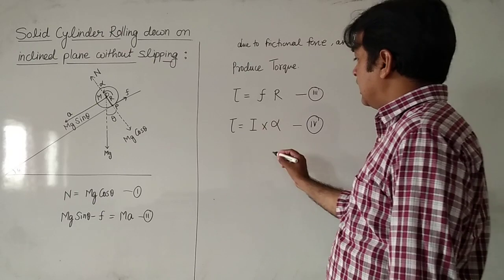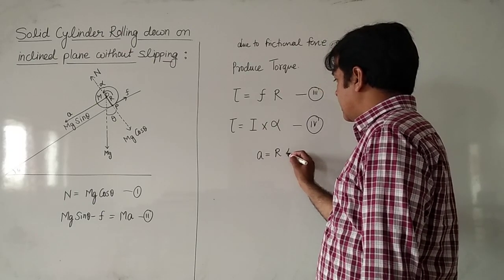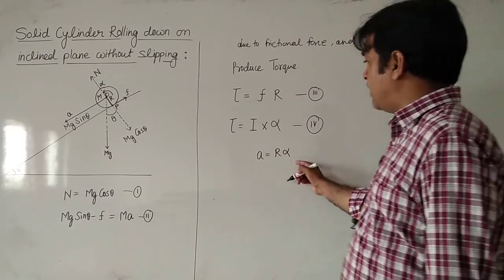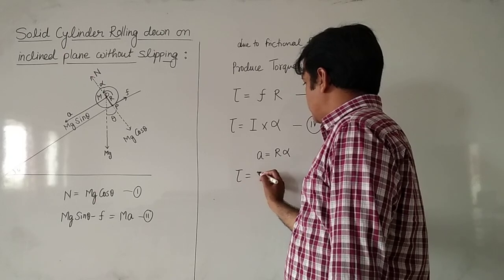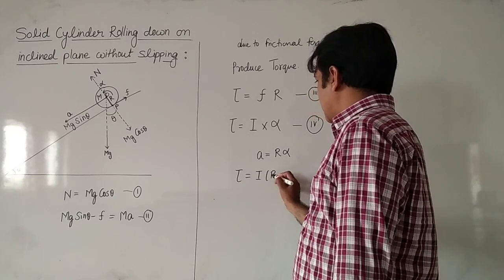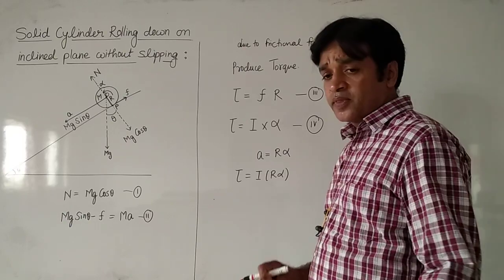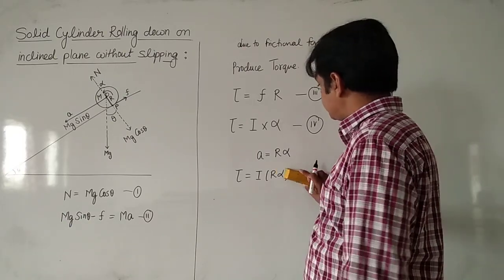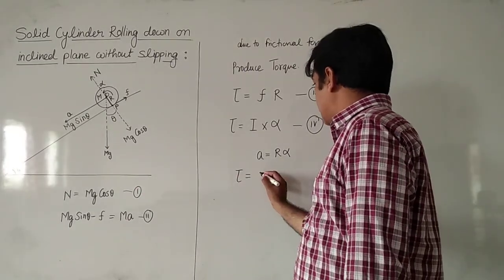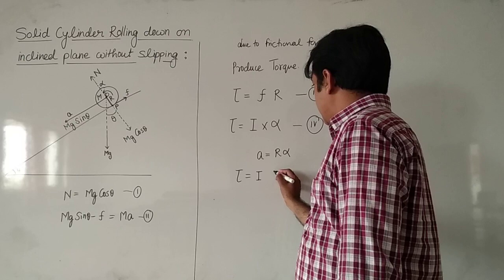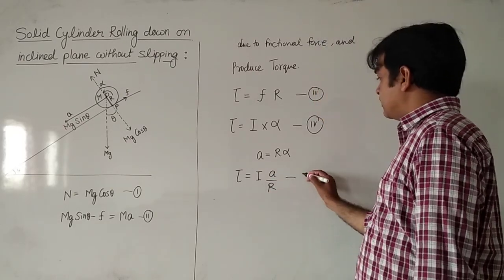But we know linear acceleration a equals R alpha. So putting the value in this equation, torque equals I into alpha, so torque equals I into a upon R. Equation number 5.